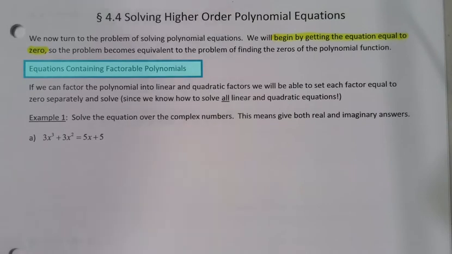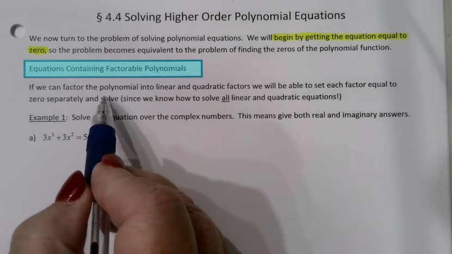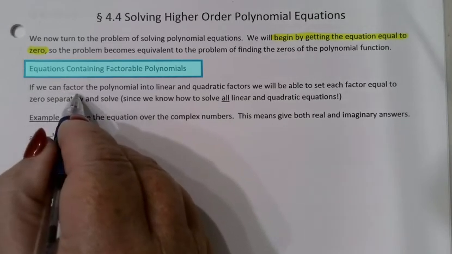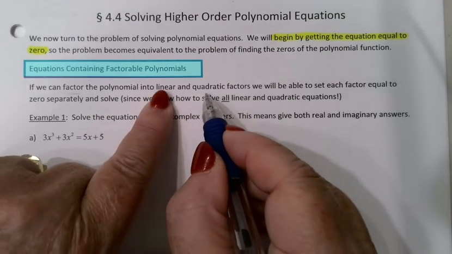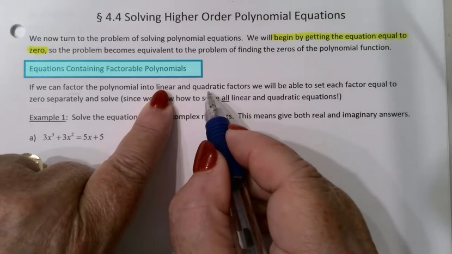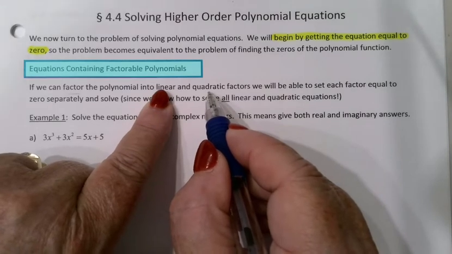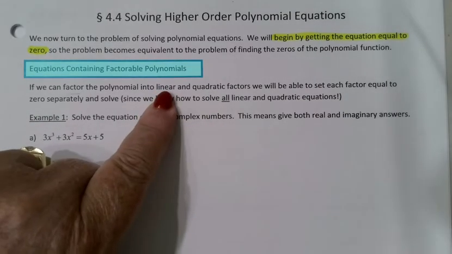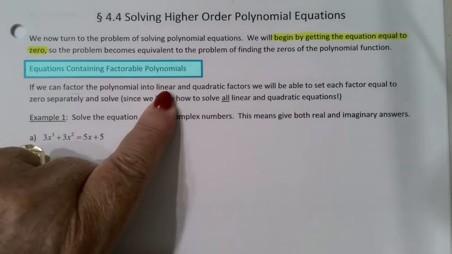Okay? All right, let's think about something for a moment. If I have some sort of higher order polynomial, and if I can factor it with just linear and quadratic factors, then I'm actually home free, because I'll set each factor equal to 0, and certainly we can solve any linear equation equal to 0.